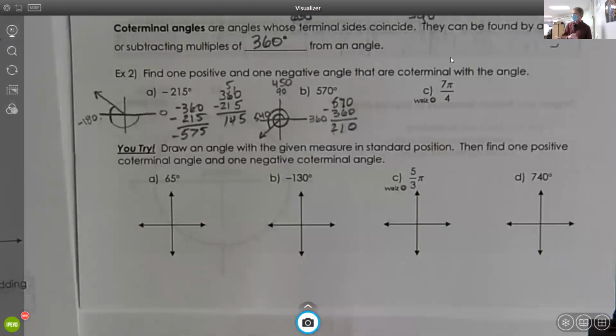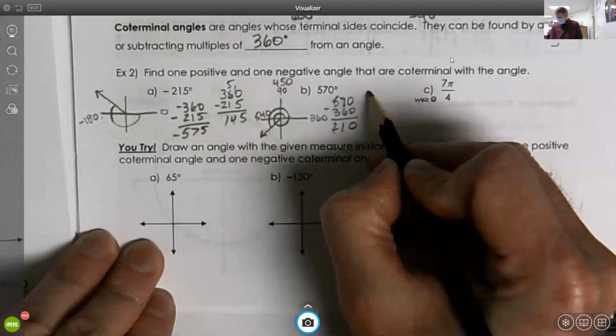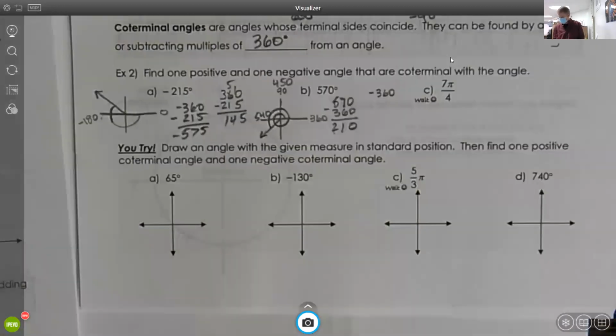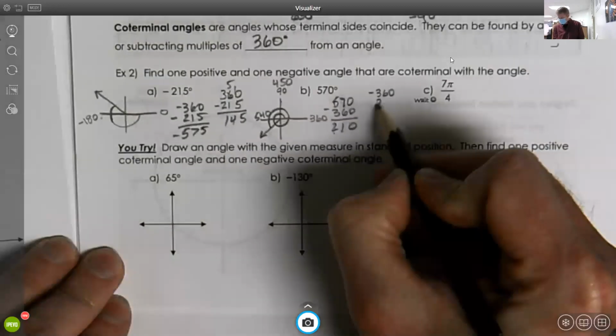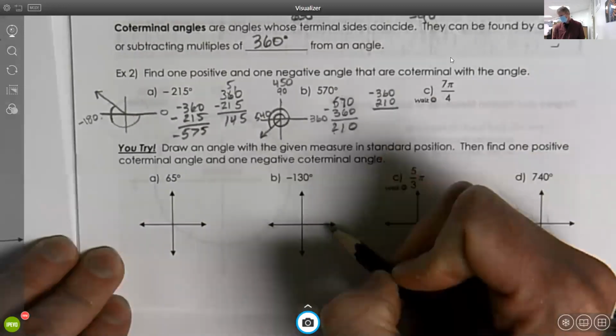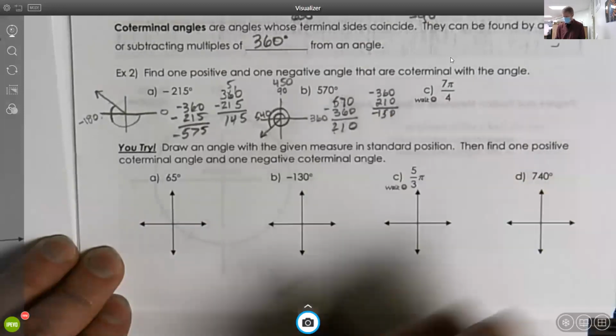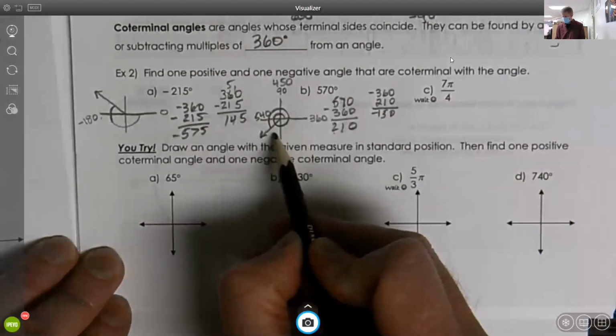Now, if you unwind that again and go another full 360 around, so it's really you're undoing the 360 from the 210. You're going in a negative 150.